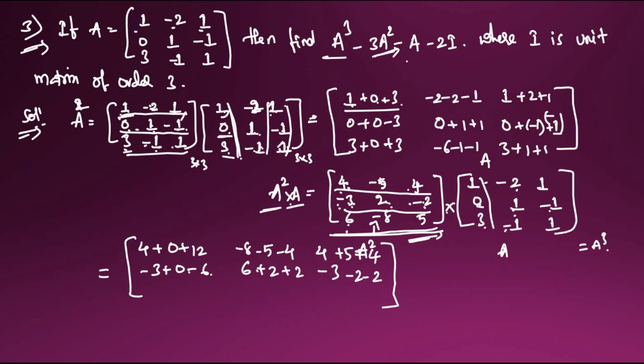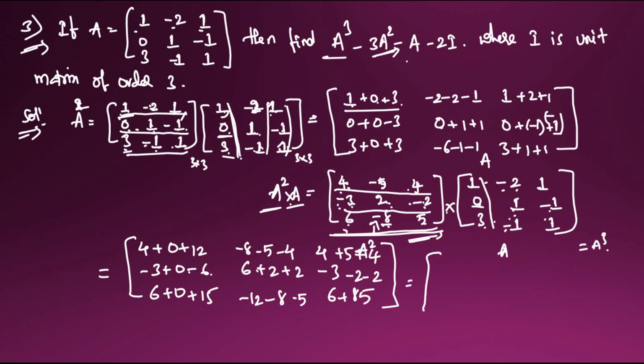So 6 into 1, 6, plus this 6, 8 into 0, 0, and 5 into 3, plus 15. And again what we have here: 6 into -2, -12, and 8 into 1, -8, and 5 into 1, -5, 6 into 1, 6, -8 into -1, plus 8, 5 into 1, 5.